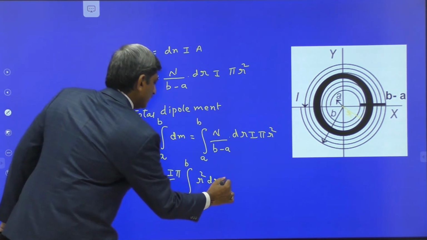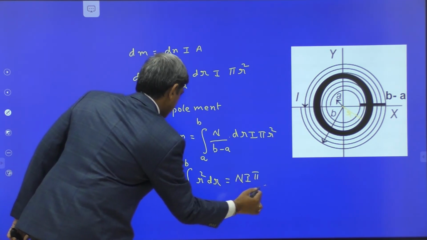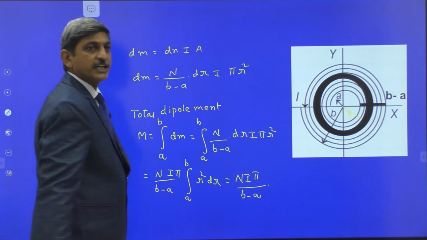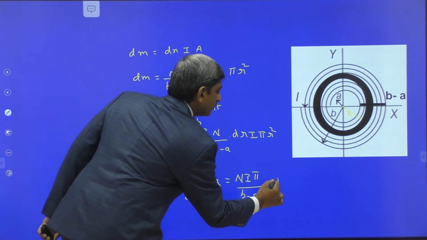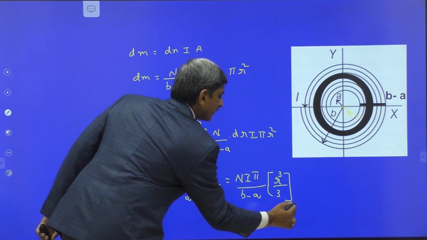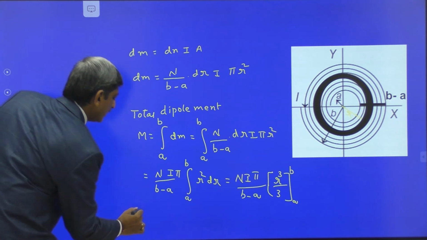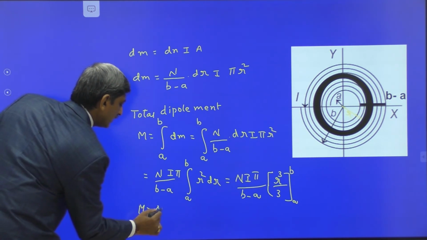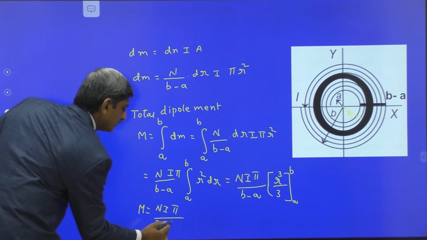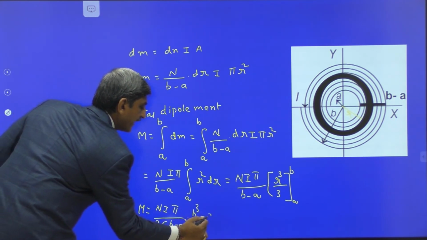Now it becomes n I pi divided by b minus a into, we know that integral r square dr is equal to r cube by 3 between the limits a to b. Now by substituting the limits we have m is equal to n I pi divided by 3 into b minus a into b cube minus a cube.